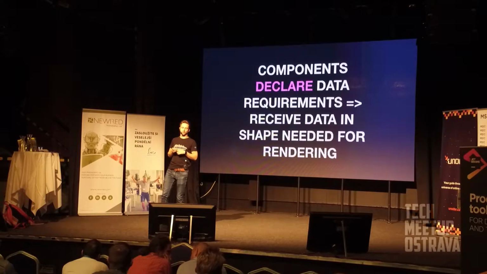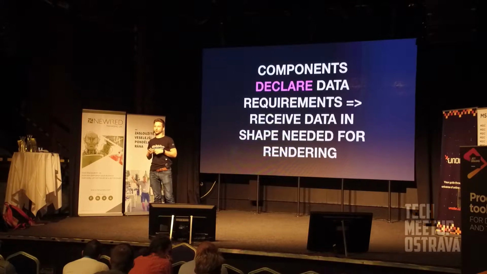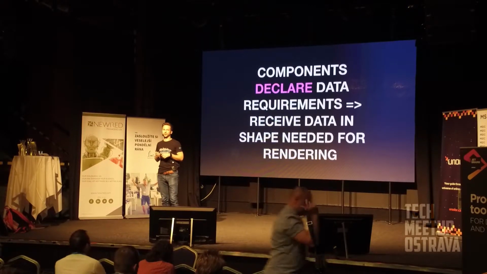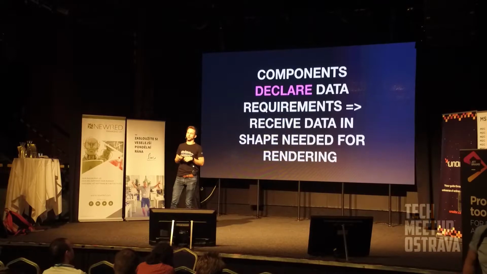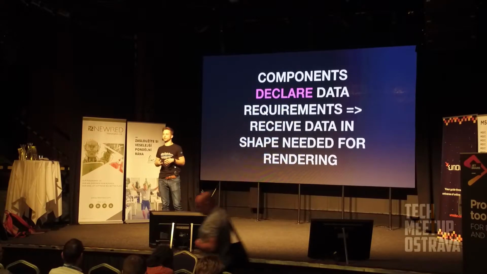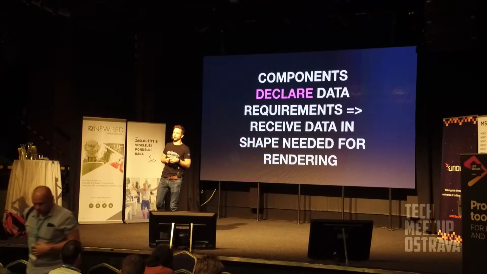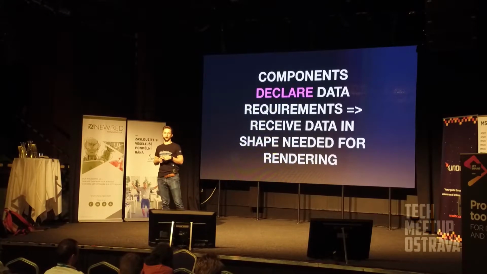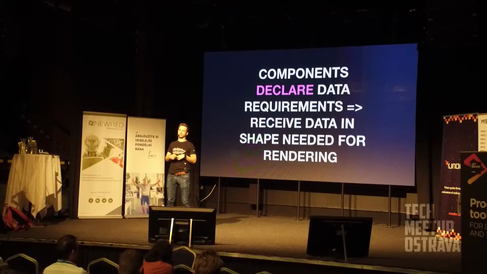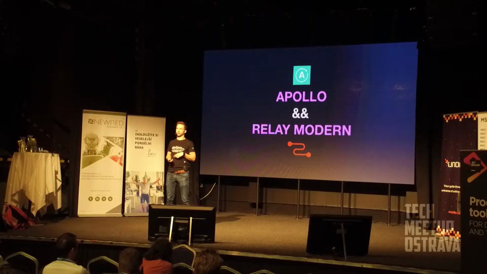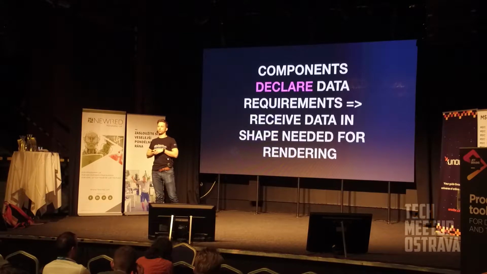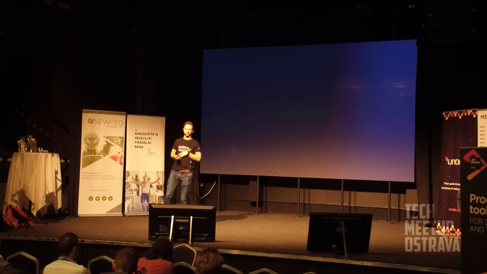What I wanted you to know is, just imagine some simple React component, and imagine that right inside it you can declare what fields, what object you want to receive to render the data in your component. In GraphQL, using those libraries that I previously showed, you can declaratively describe what data you want.